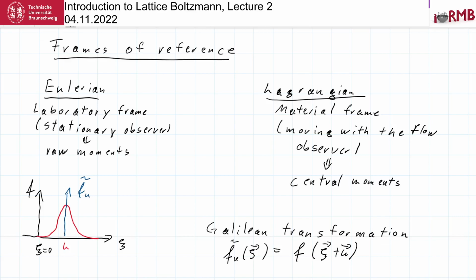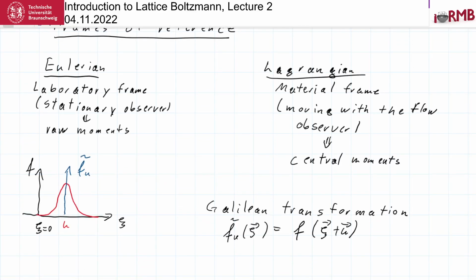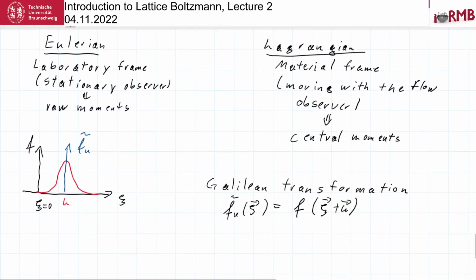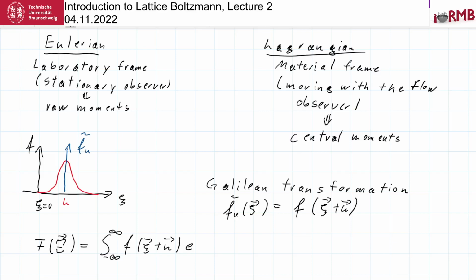And of course, we can now also use this in our original definition of our moment generating function, where we have f of xc plus u, times e to the xc times capital Xc, integrated over xc.